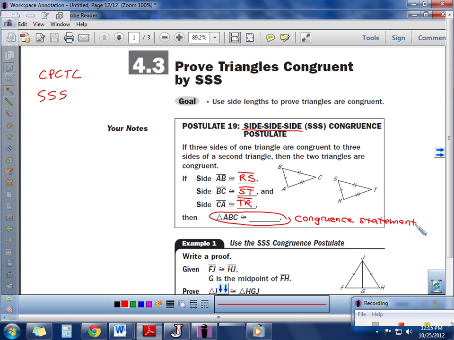Yes, order matters. And that's very important. Your order must be exact. What angle matches with angle A? R. What matches with B? S, and then T. They must match. Make sure they correspond.